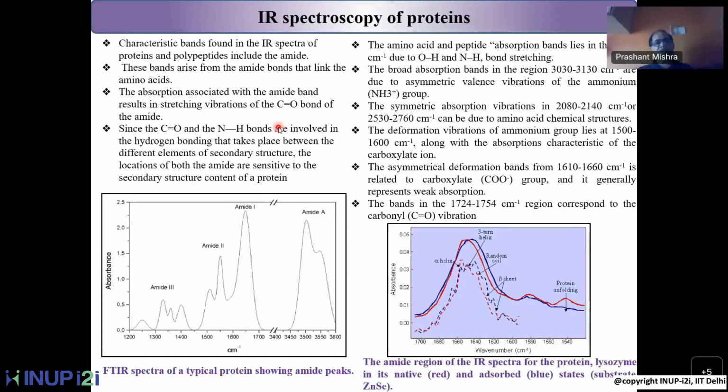Here, you can directly get the information. As I said, you can have amide 3, amide 2, and amide 1 ranges. And here, you can collect the spectra of a protein. So basically it has absorbance which is associated with the amide bond. You have different amide bonds, and they show different stretching vibrations. And then you also have the CO bond of the amide.